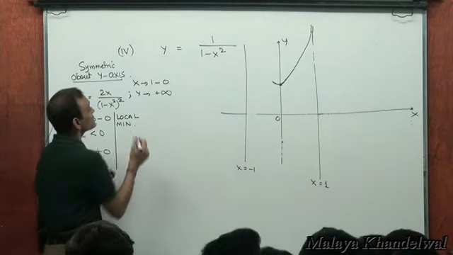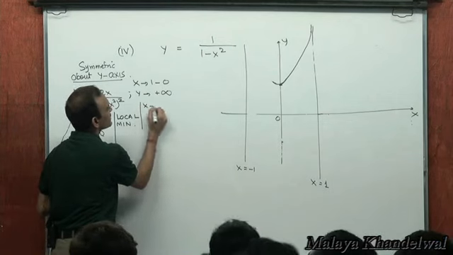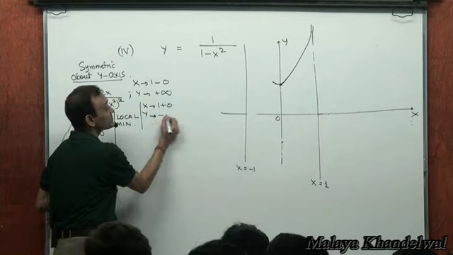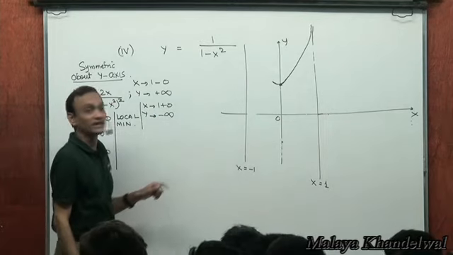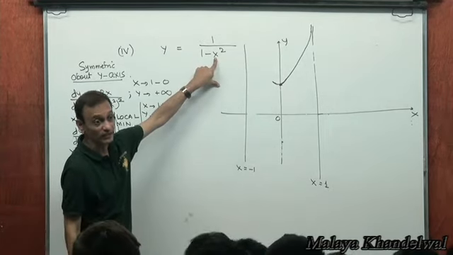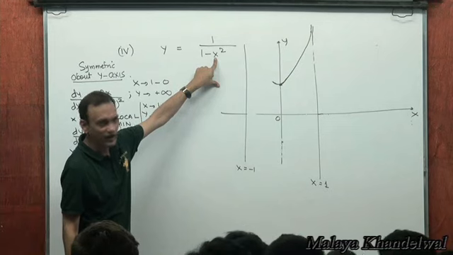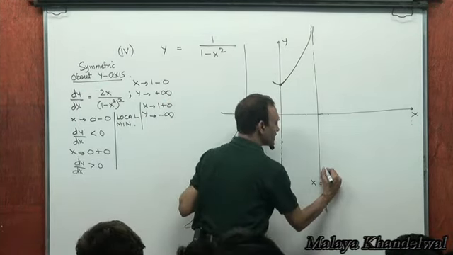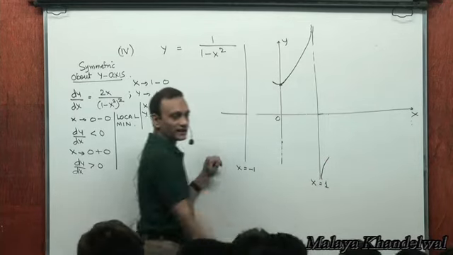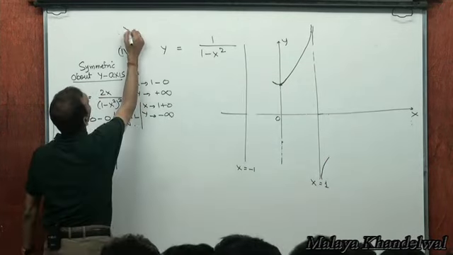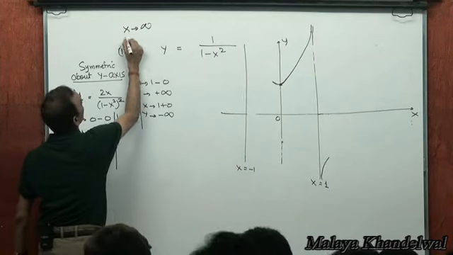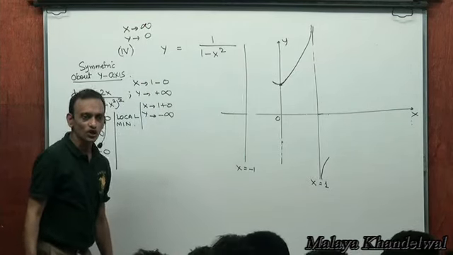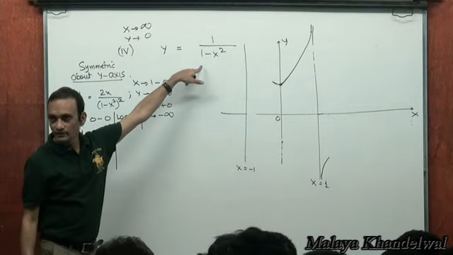And as x tends to 1 from the greater than 1 side, y would tend to minus infinity. Do you see that? As x tends to infinity, y would tend to 0, right?